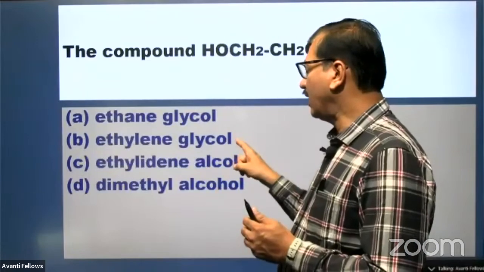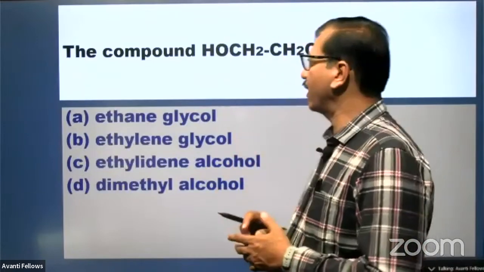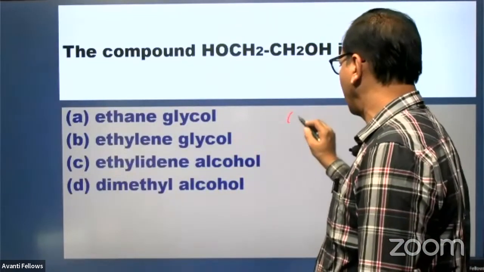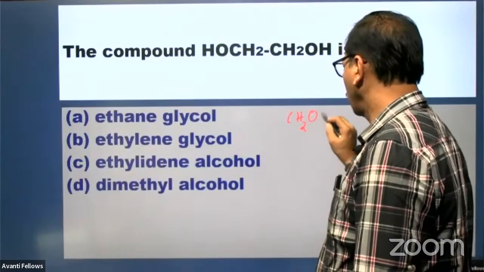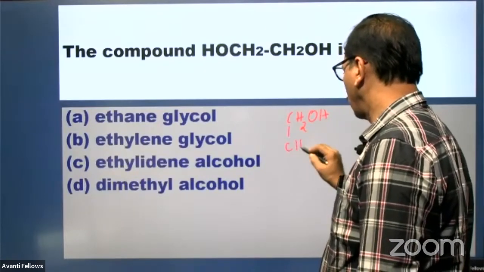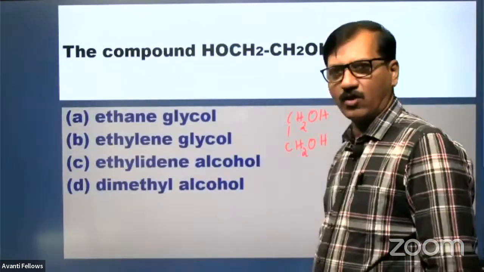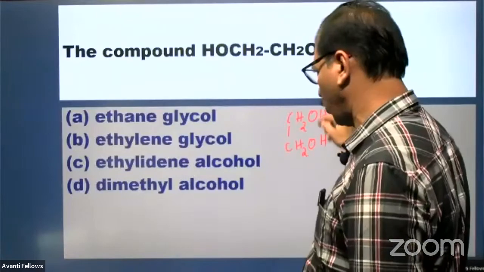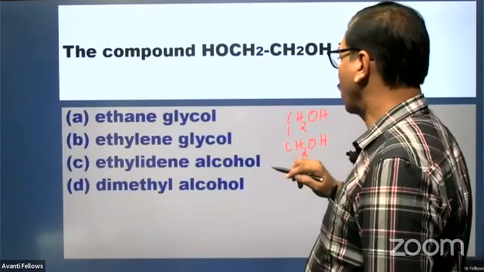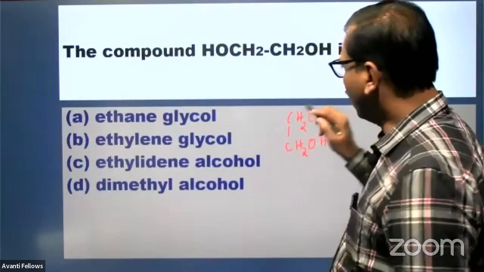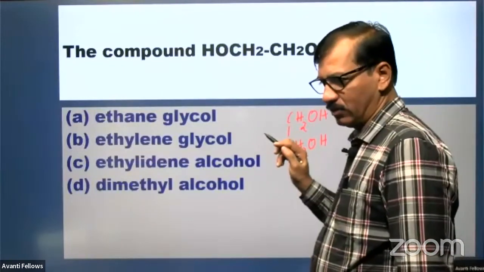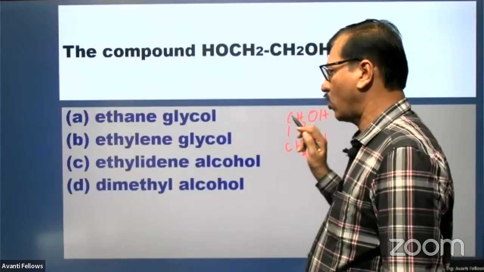Ethylene glycol is CH2OH, CH2OH, written in different ways. Glycols are those having two hydroxy groups, diols. The IUPAC name is ethane-1,2-diol.